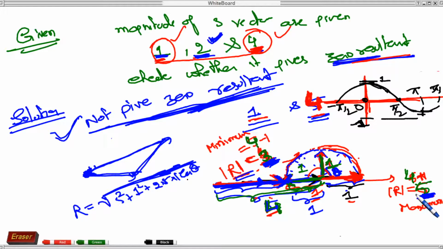So this will not give zero resultant, because our third vector is of magnitude 2, but we need minimum 3. So in that case it will not give a zero resultant. Okay.